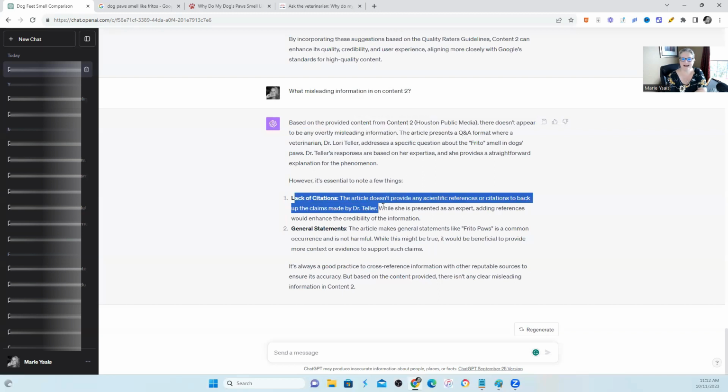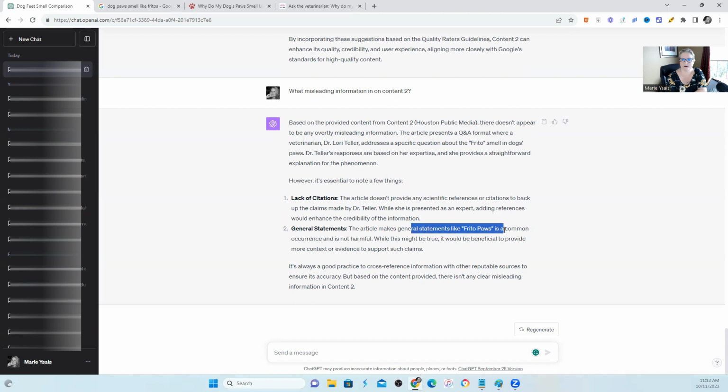However, because of lack of citations and lack of experts reviewing or writing their information, it has general statements, something like Fritos is common and not harmful, but there's no source or citation to back that up. And while it might be true, it would be beneficial to provide more context or evidence to support claims.